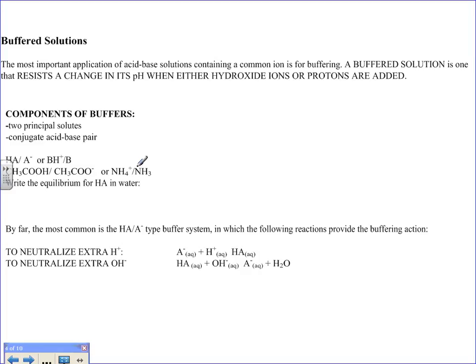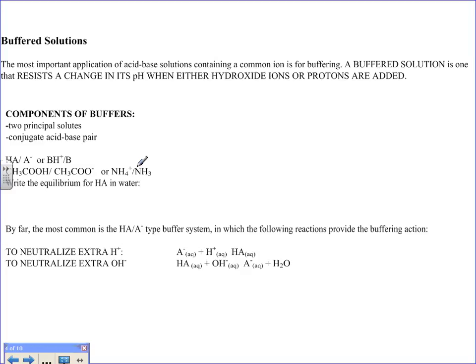This is really important because if the pH of our blood changes too much, there are conditions, alkalosis and acidosis, that can occur.